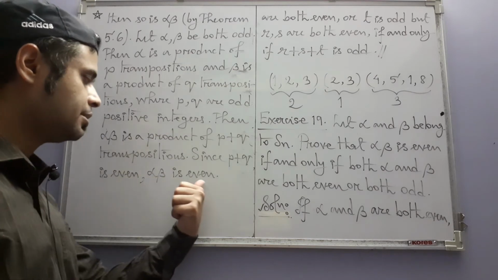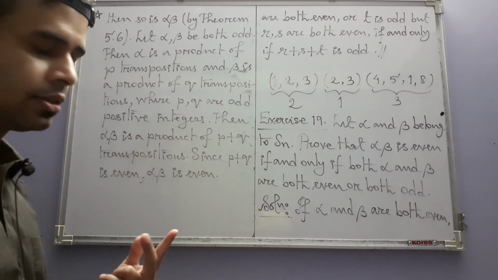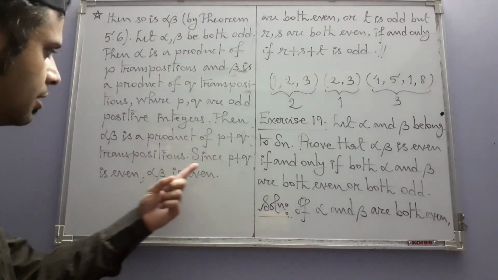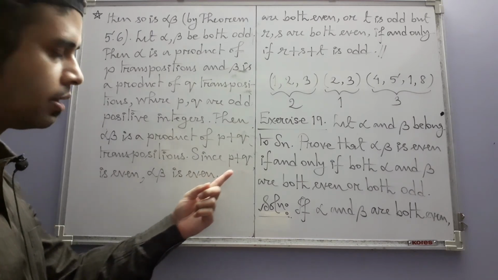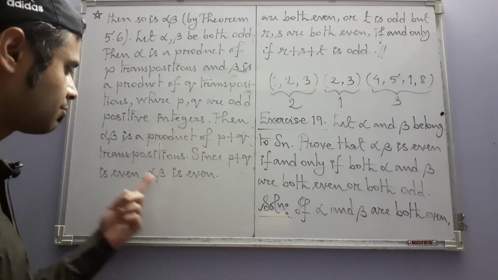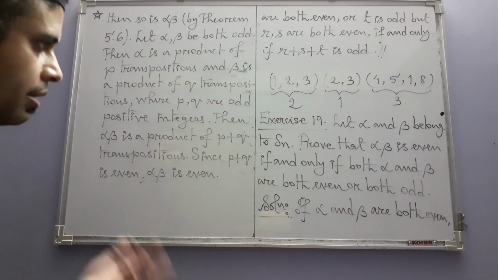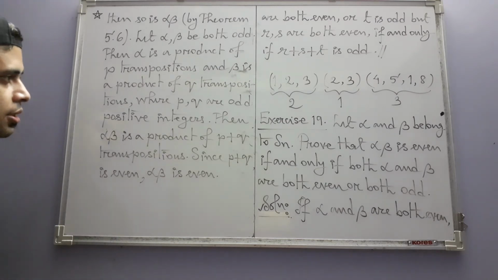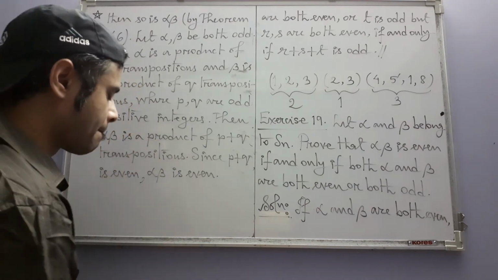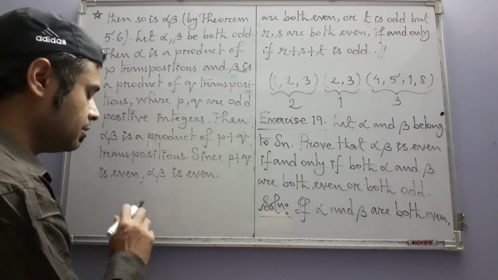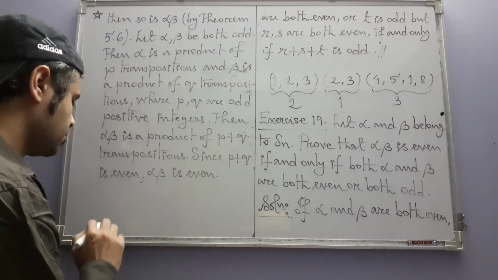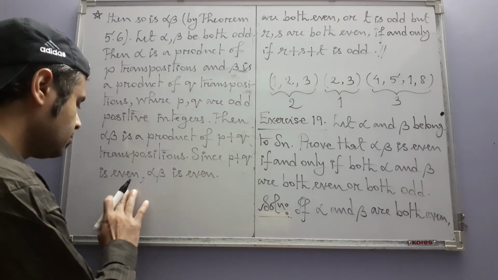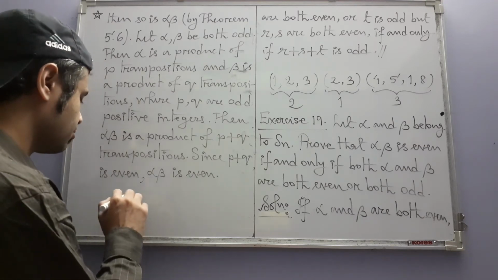This even and this even are two different things. This is the evenness of a positive integer, and this is the evenness of a permutation. They are entirely different notions. Another confusion is that you see here one may confuse oneself if one is not very careful.